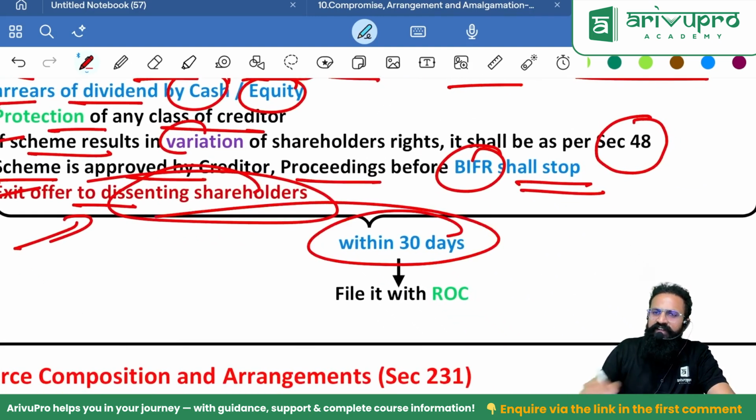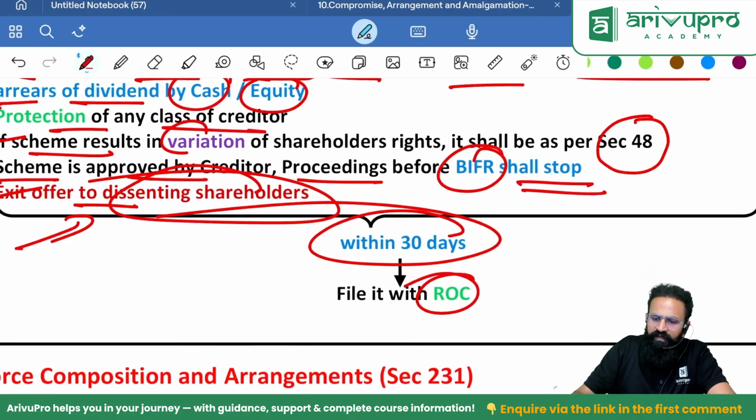Now once this order is passed, it should be filed by the company with the ROC. So the tribunal is giving it to the company. Company should forward it to ROC. Which form will they file it? Generally? Whenever an order is passed by any authority, that order we will file it to ROC, no?